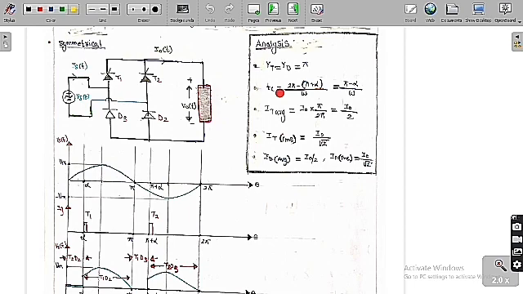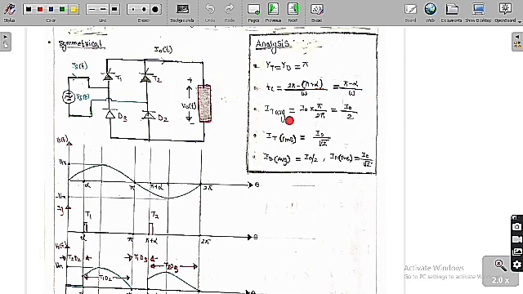From alpha to pi plus alpha, it is conducting, and from pi plus alpha to 2 pi, it is going to face a reverse voltage, meaning it is under reverse bias. So only from pi plus alpha to 2 pi is there a reverse voltage across the thyristor. So the circuit turn-off time is equal to (2 pi minus (pi plus alpha)) by omega. If you solve this, we get (pi minus alpha) by omega. So this is the time for which the reverse voltage occurs across the thyristor T1.